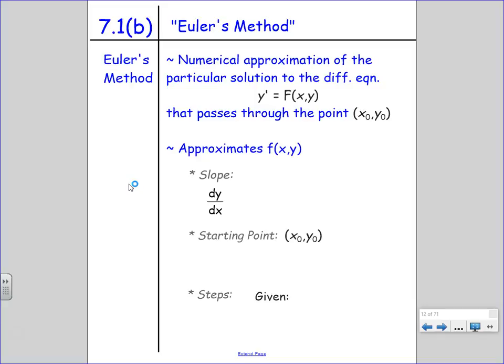My differential equation finds the slope, right? Starting point: x sub naught, y sub naught.